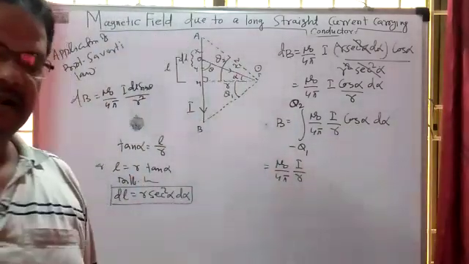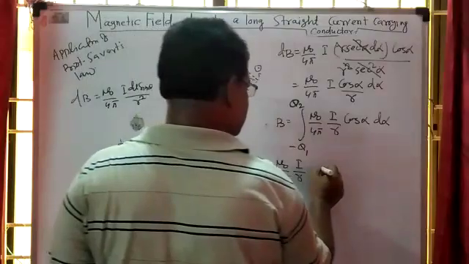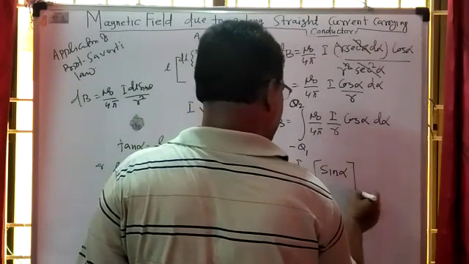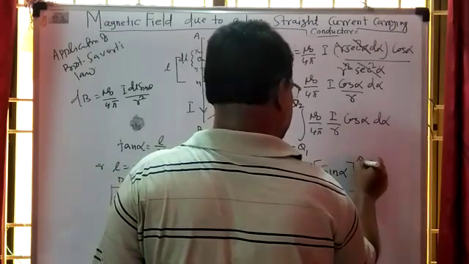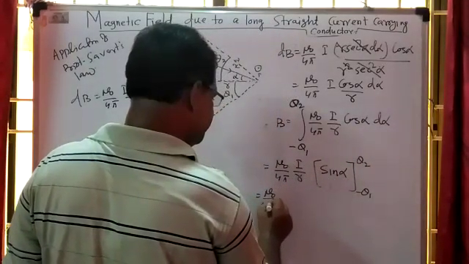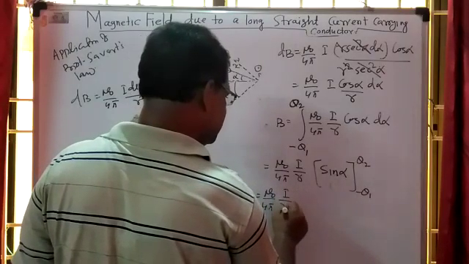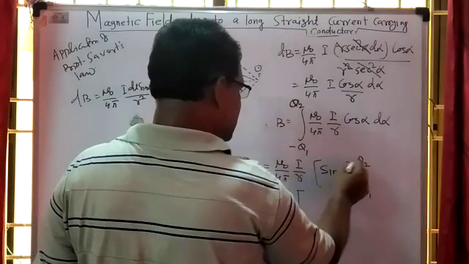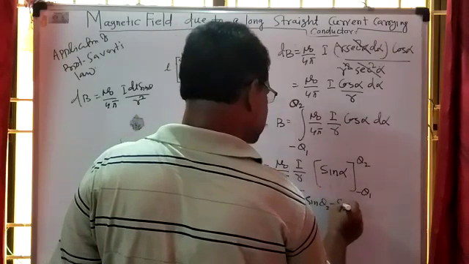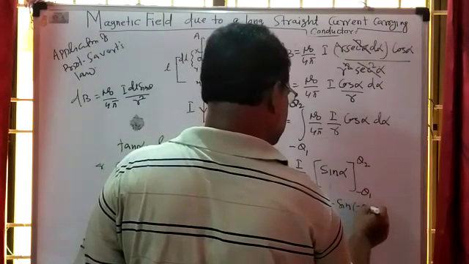Integration of cos alpha d alpha equals sin alpha, and the limit is from minus theta 1 to theta 2, and this is equal to mu naught by 4 pi I upon r. If you put in the limits, sin theta 2 minus sin of minus theta 1.